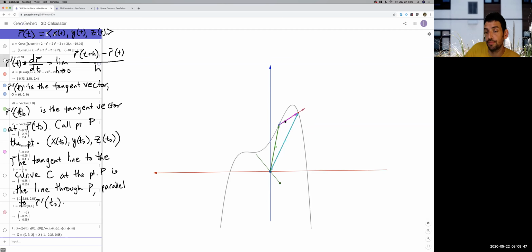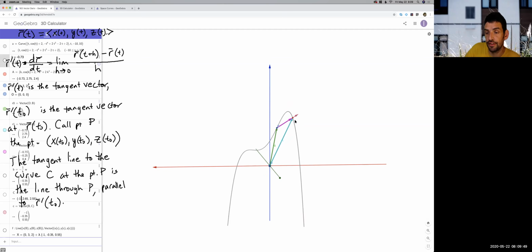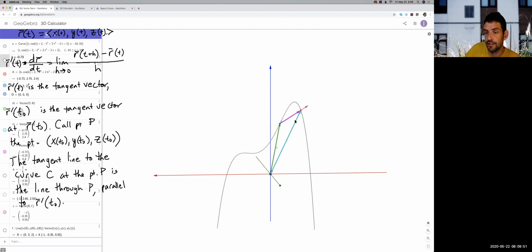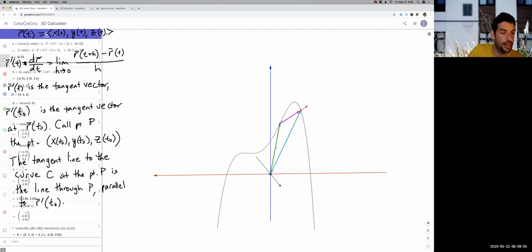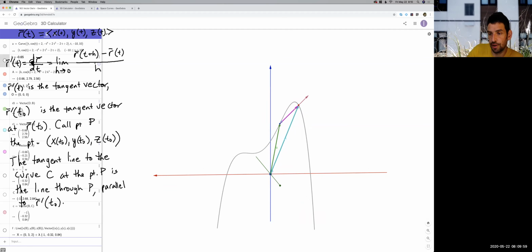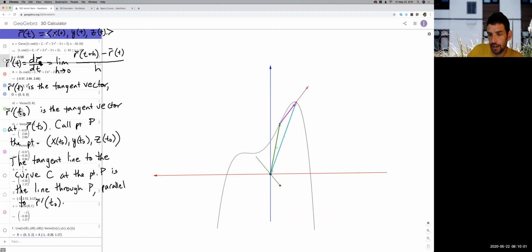r of t plus h minus r of t. And then this red one is the scaled version, r of t plus h minus r of t divided by h. As I make h smaller and smaller, I'm sliding that blue and green vector closer to each other.